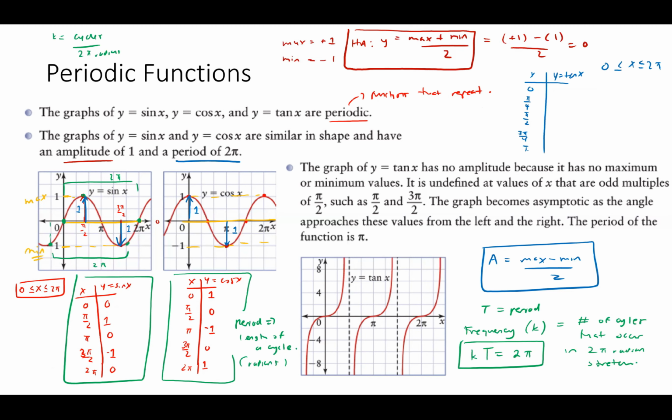The reason I have to do 3 pi over 4 is because pi over 2 is undefined. Right, you know that tan pi over 2 doesn't exist. Tan 90 doesn't exist because tan theta is sine theta over cosine theta. If you plug in tan pi over 2, guys, you're going to get cosine pi over 2, which is 0, so the denominator would become 0. Right, tan 0 is 0, tan pi over 4 is 1.